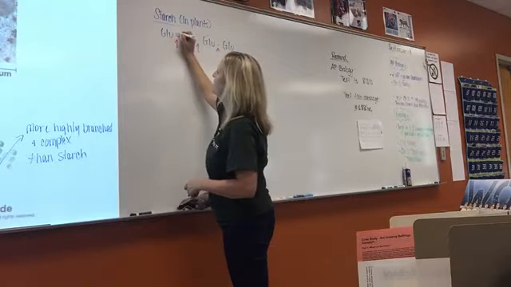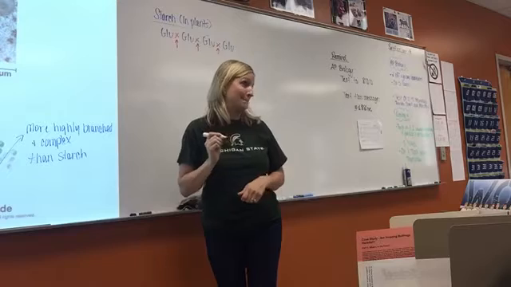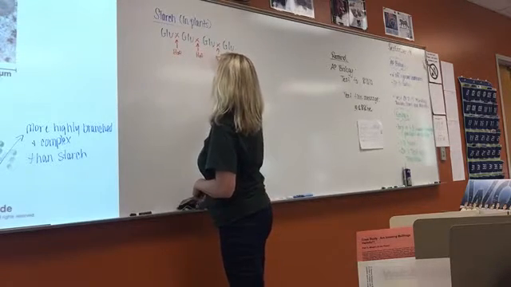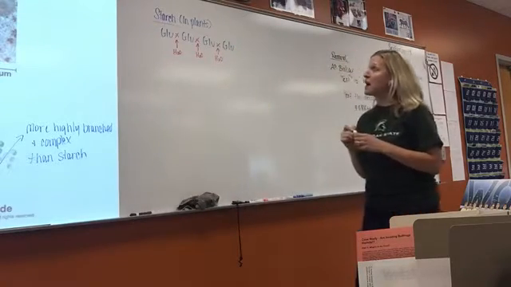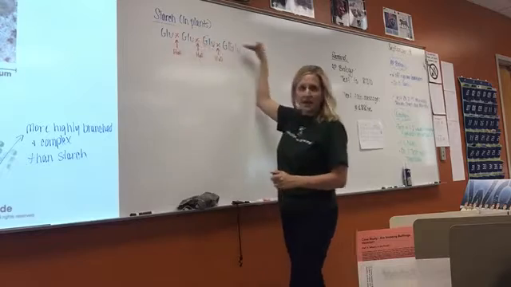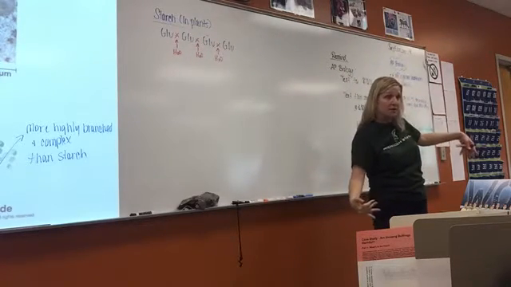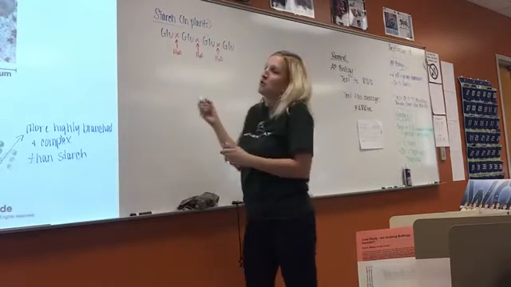We break the bonds by doing what? Adding water, right? So we're going to start breaking those bonds. So this is what happens when we eat the starch. It breaks down now into glucose. So instead of one big starch molecule, we have hundreds of small glucose molecules. Follow me? And so then what happens to those glucose molecules?